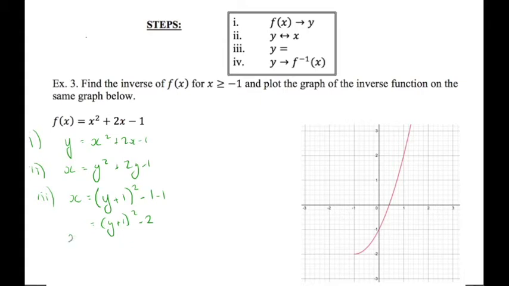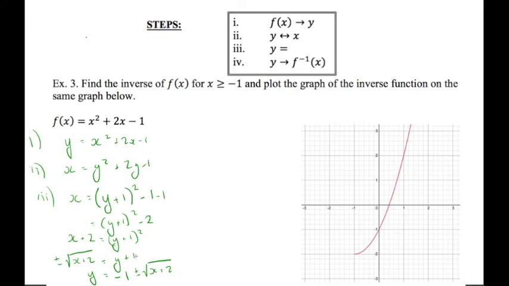We're trying to isolate our y now. Let's bring this squared to the other side. Don't forget, when we do that, we get plus minus. And finally, we're going to get y equals minus 1 plus minus square root x plus 2.